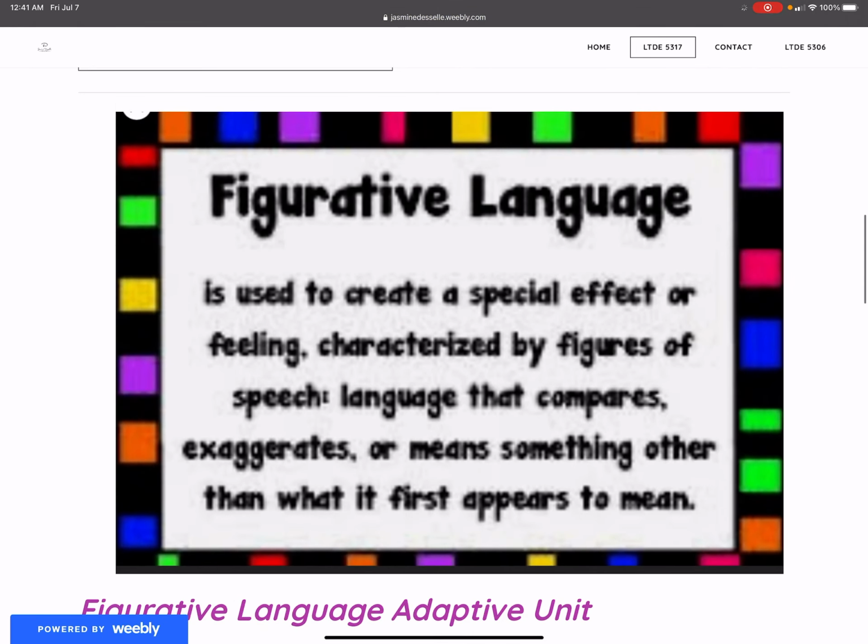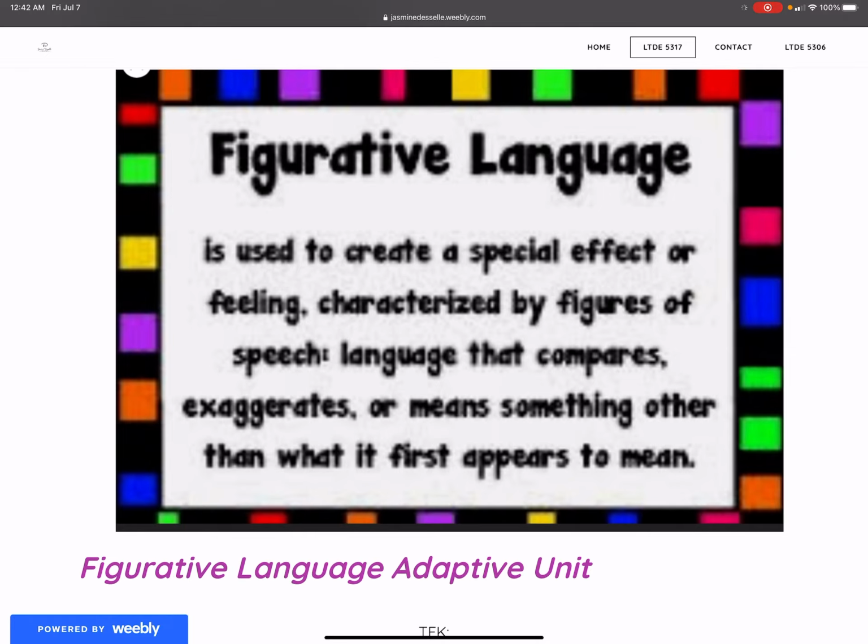Next, I created a Kahoot for my adaptive unit. We had to create an entire unit, and a part of that unit was coming up with an adaptive learning activity.